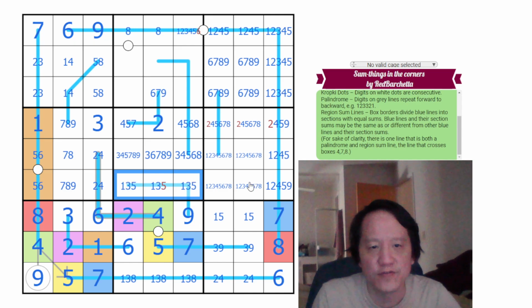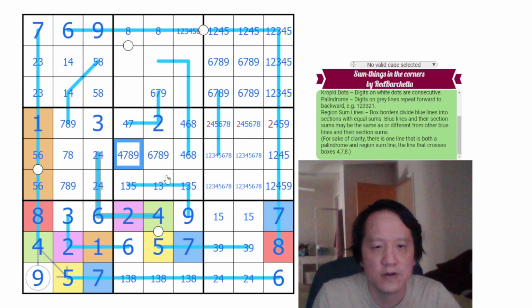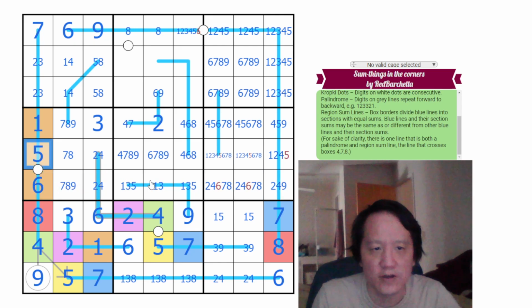So this is 1, 3, 5, which means this can't be 3 or 5. So this is 2 and 4, which is 6, or 2 and 7, which is 9. So no 2 here, no 1, 3, 5 here, no 1 or 5 here. This can't be 5, so this is 6, this is 5. So this can't be 6, this can't be 5.